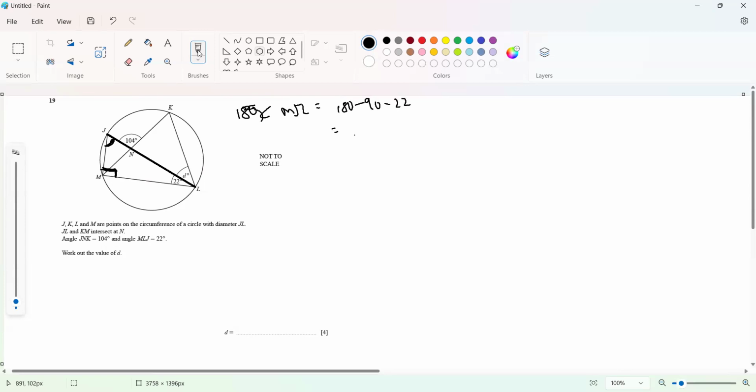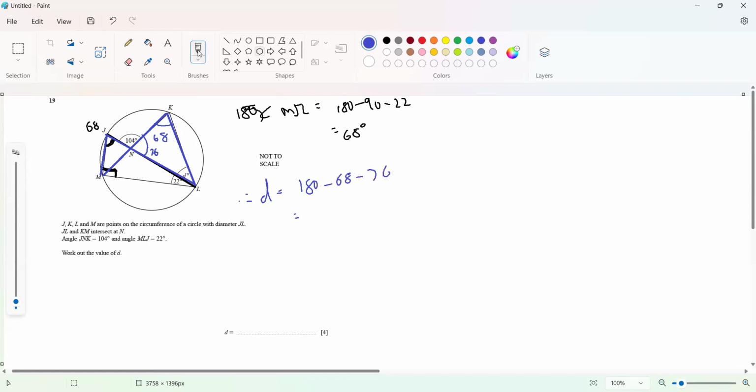So 90 minus 22 is 68 degrees. If you pay attention as well, this is also our butterfly rule, so this is 68 as well. And 180 minus 104 here would be 76. So in other words, D equals 180 minus 68 minus 76.